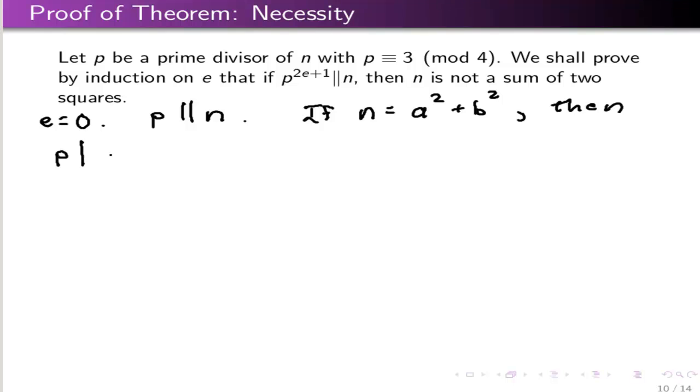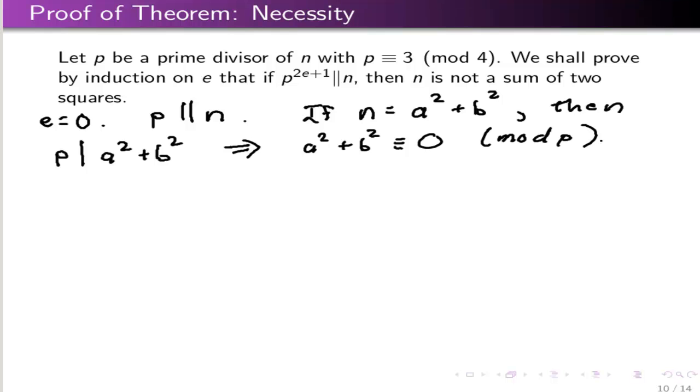So P divides a squared plus b squared, which would mean that a squared plus b squared is congruent to 0 mod P, and that would mean that a squared is congruent to minus b squared.